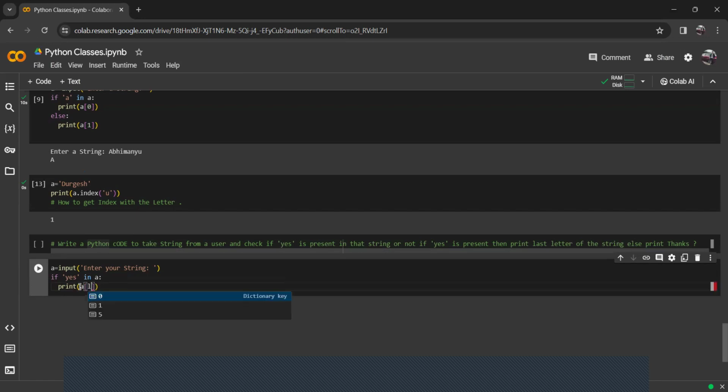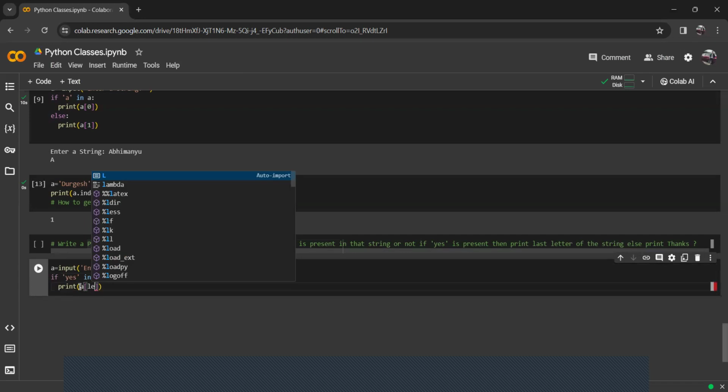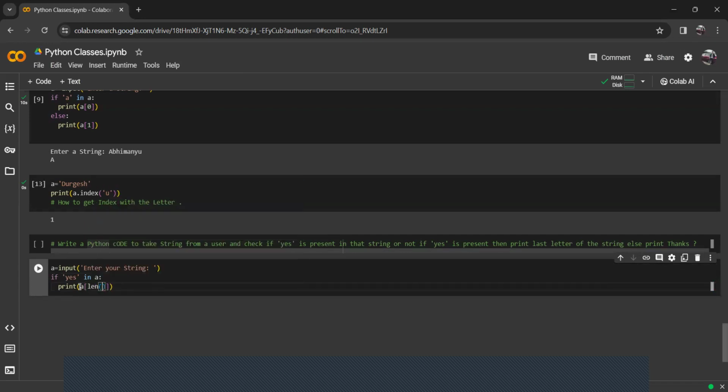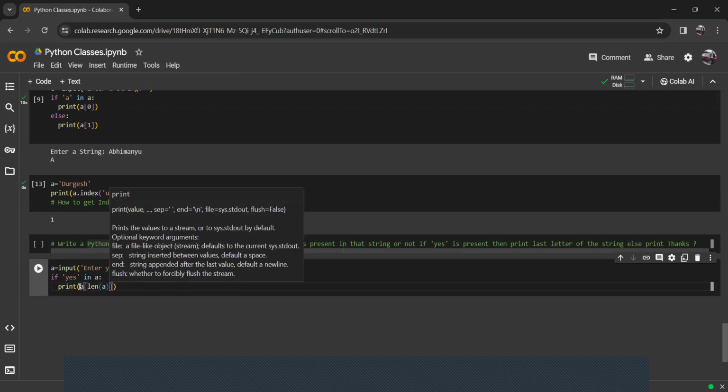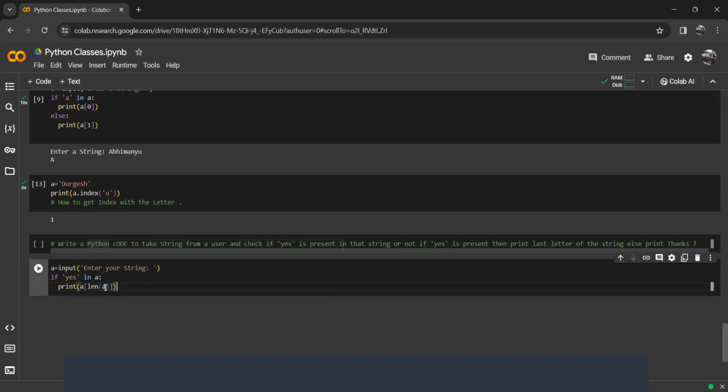You know that the length function gives the length of my A. Will it be length of A only? If you do length of A, what will be the output?